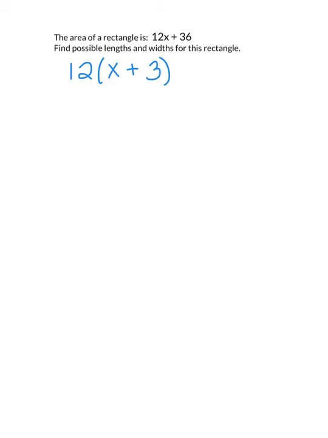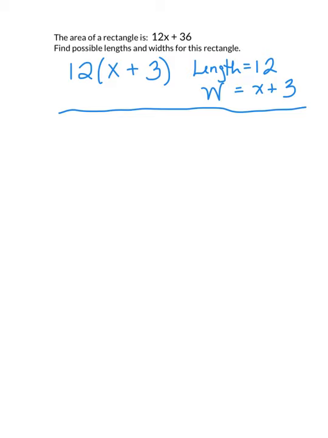So my length could be 12 and my width, I'm going to call it W, could be x plus 3. That's one possibility. What other numbers could I divide 12 and 36 by?